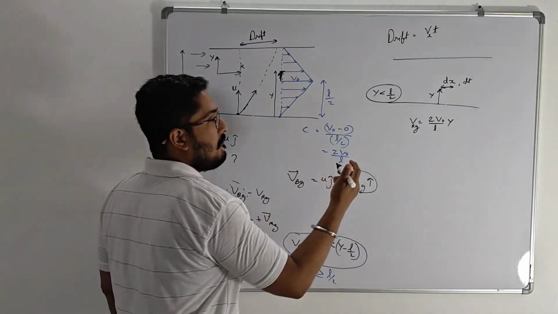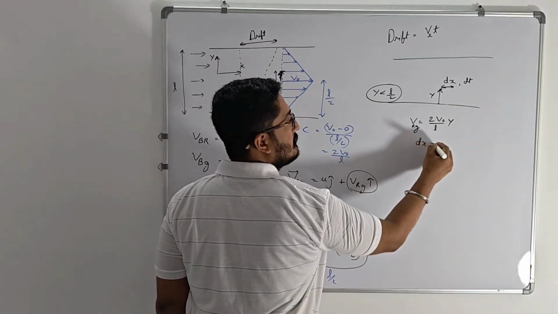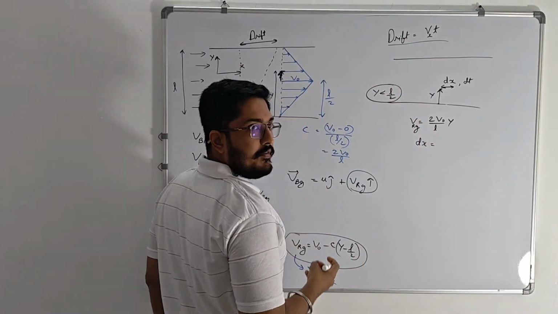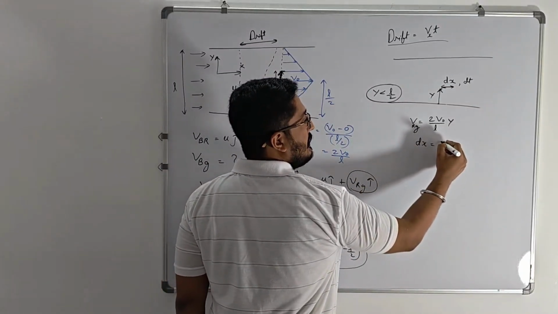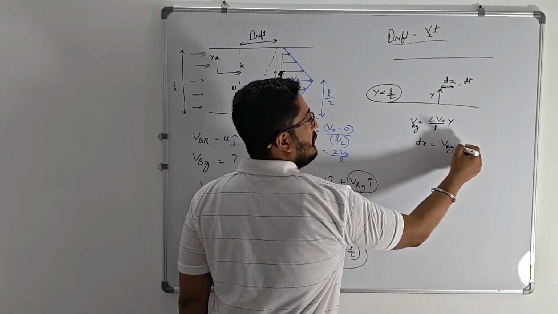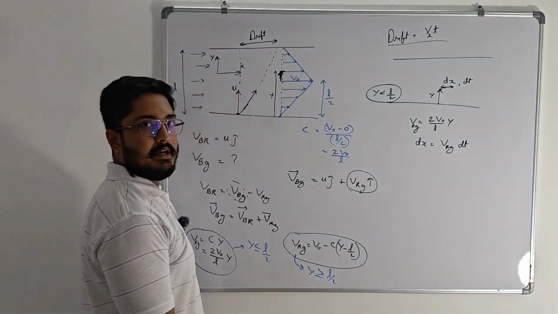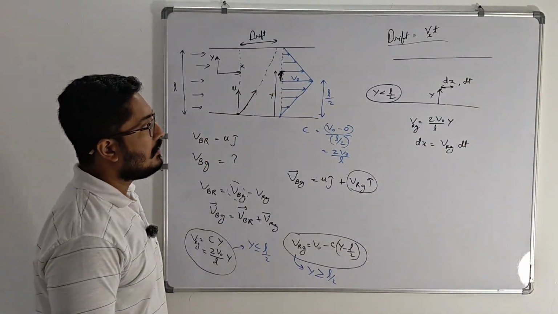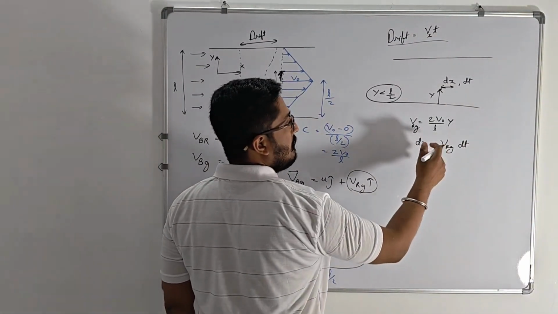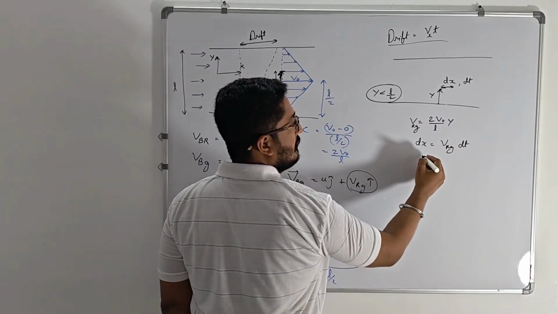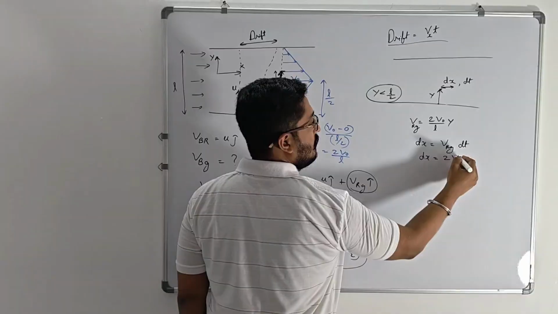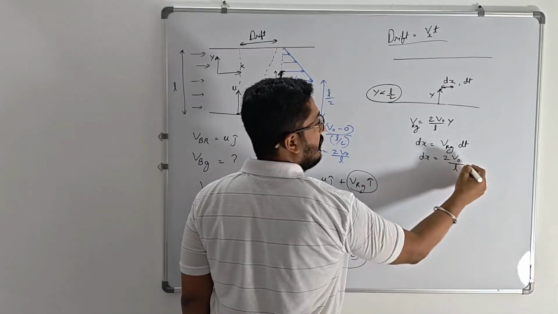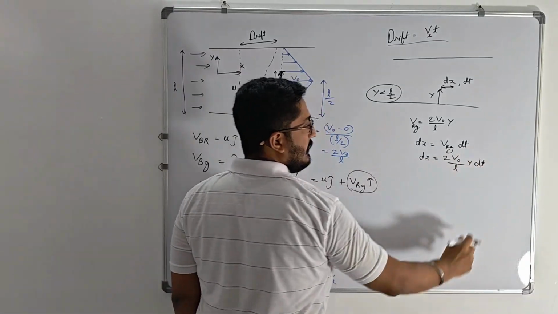That small drift dx is equal to the speed at that position, Vrg, into the small time interval dt. Finally, dx is equal to Vrg, which is 2V0 by L into y dt.